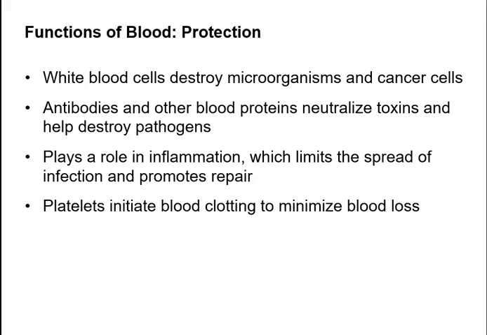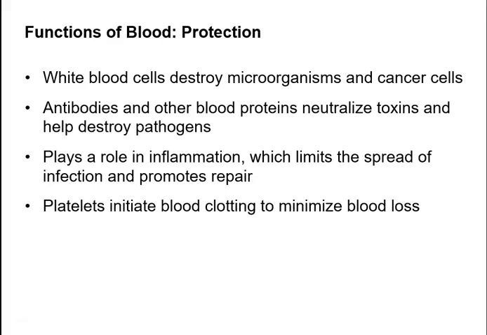And so we have special cells in the blood called white blood cells, also known as leukocytes, and they're going to play a big role in helping to remove pathogens, microorganisms, things that could potentially make us sick from the body. There are also certain types of proteins in our blood, like antibodies, for instance, that help us destroy and get rid of pathogens as well. And we'll talk more about those later in this chapter, as well as when we get into the lymphatic system.